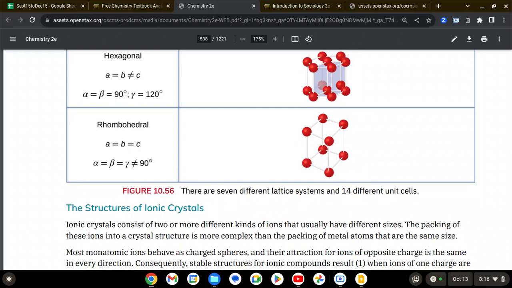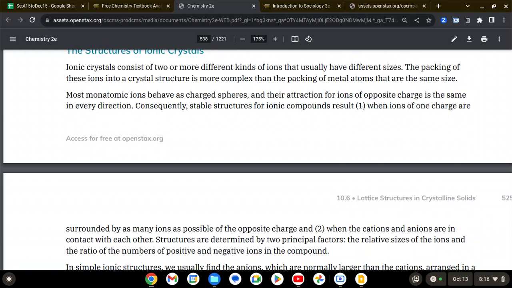Okay. The structures of ionic solid crystals, or ionic crystals. Ionic crystals consist of 2 or more different kinds of ions that usually have different sizes. The packing of these ions into a crystal structure is more complex than the packing of metal atoms that are the same size. Most monatomic ions behave as charged spheres, and their attraction for ions of opposite charge is the same in every direction.